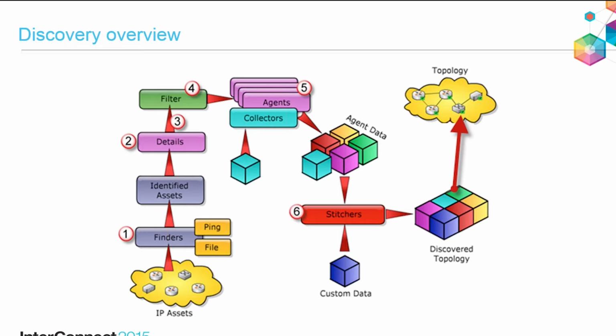So each of those go off. At the same time, this is where the collectors come in, if you're using any EMS collectors, or even the CSV collector, which can often be handy to pull in devices that you can't get to. So all this information then is pulled into the agent tables represented by those blocks.